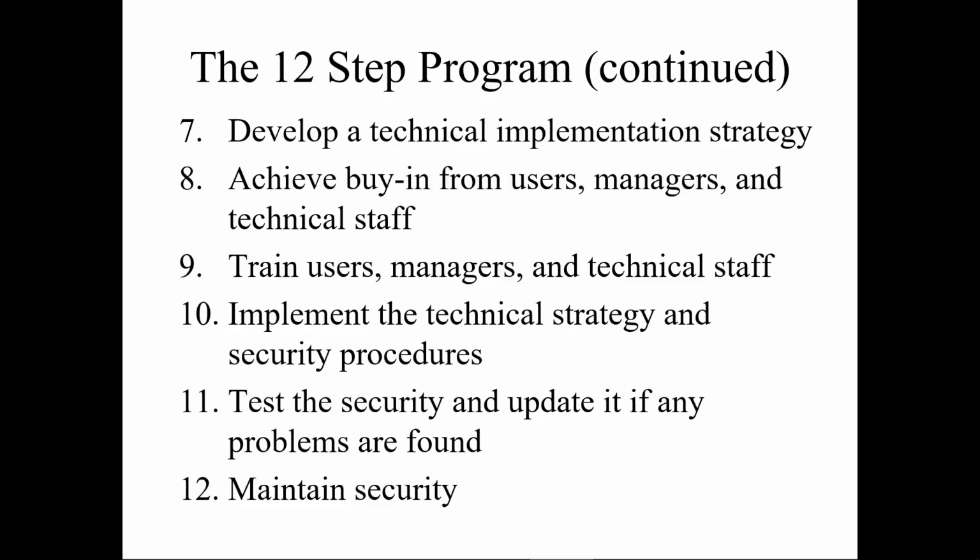For example, install firewall. Okay, that's pretty straightforward, but do we have the technical capacity or the technical knowledge in order to properly implement that firewall within our overall design? That's why step 7 is there.